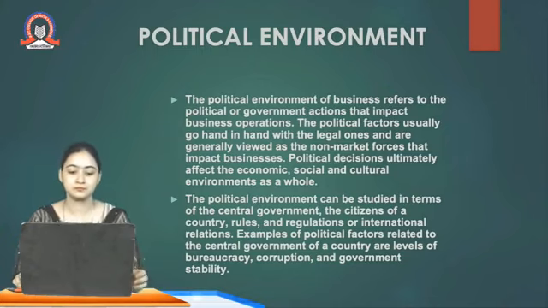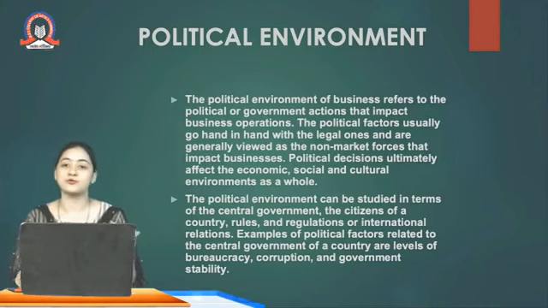The political environment can be studied in terms of the central government, the citizens of the country, and rules and regulations. We all know the rules and regulations are framed already by the government, the parliament, and we are supposed to follow them. So whether it is a domestic business or international business, we have to follow some norms.